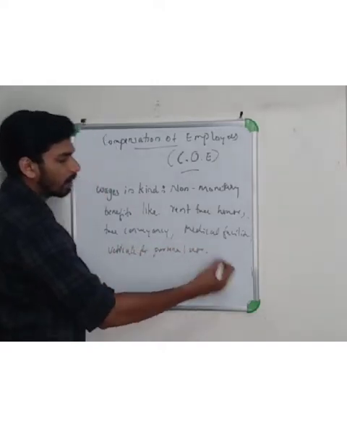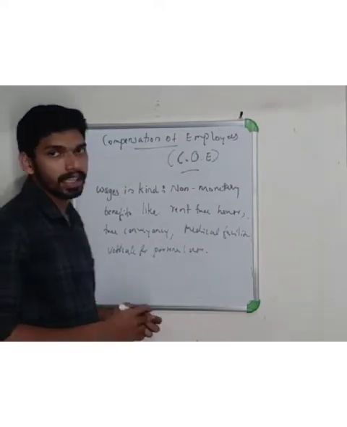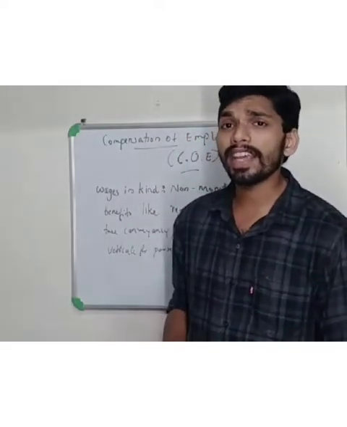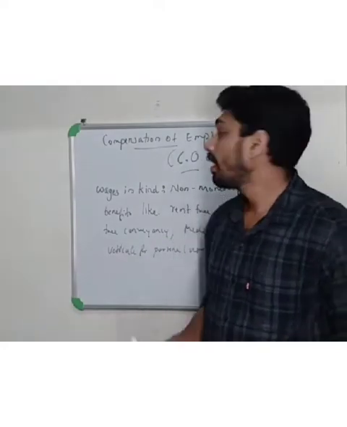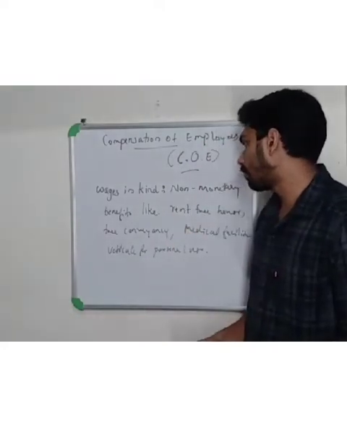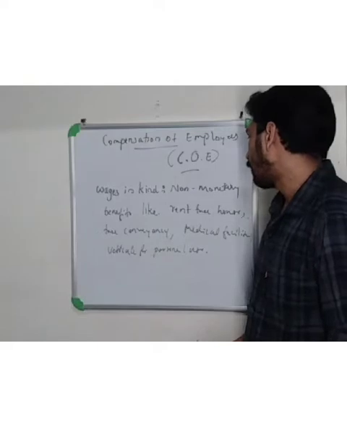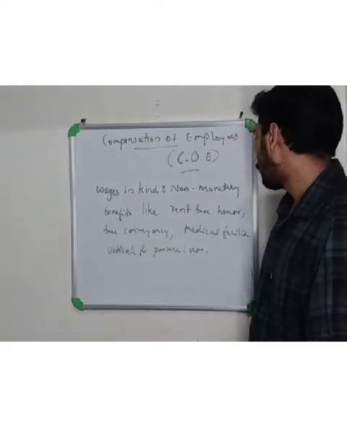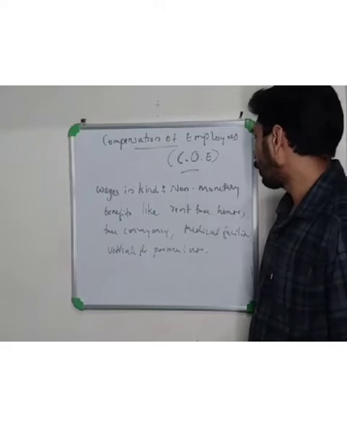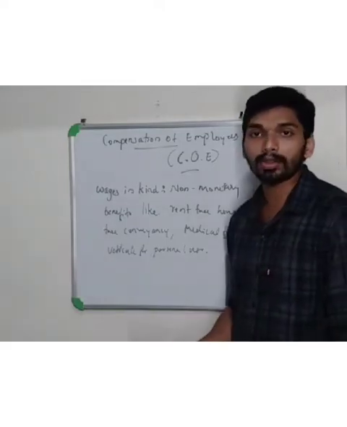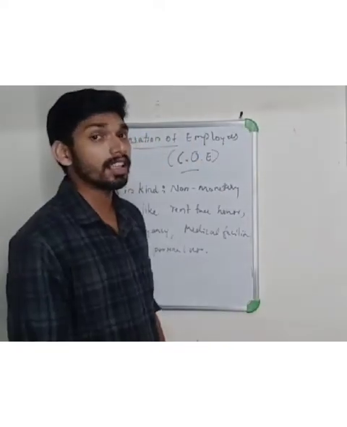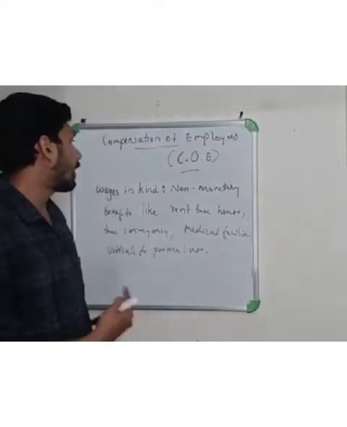All these are wages in kind. So wages in kind are the non-monetary benefits like rent-free house, free conveyance, medical facilities, vehicles for personal use, etc. All these are considered as wages in kind.